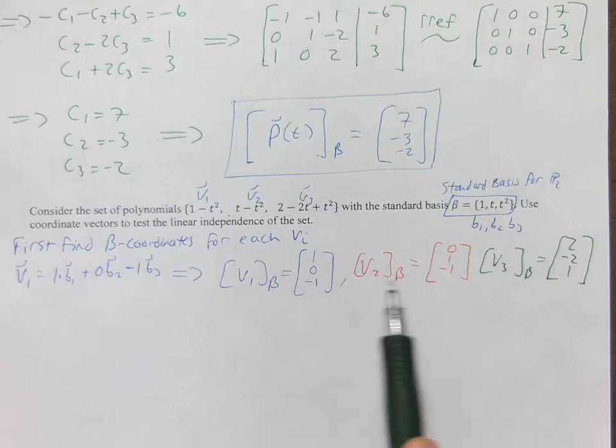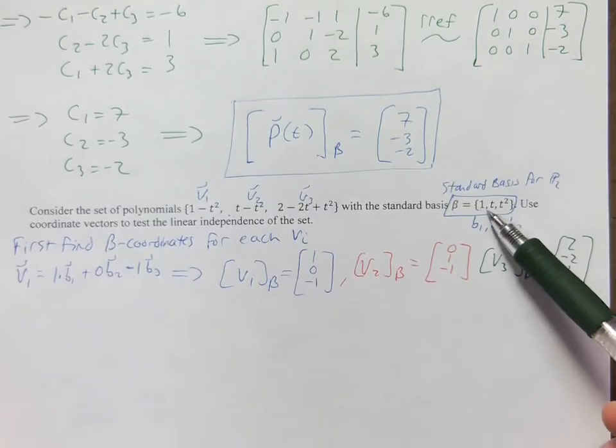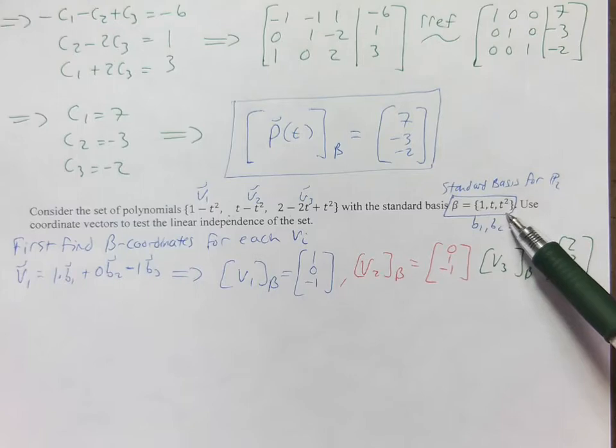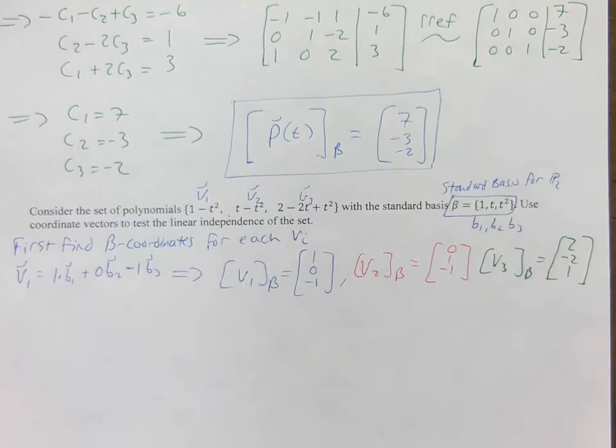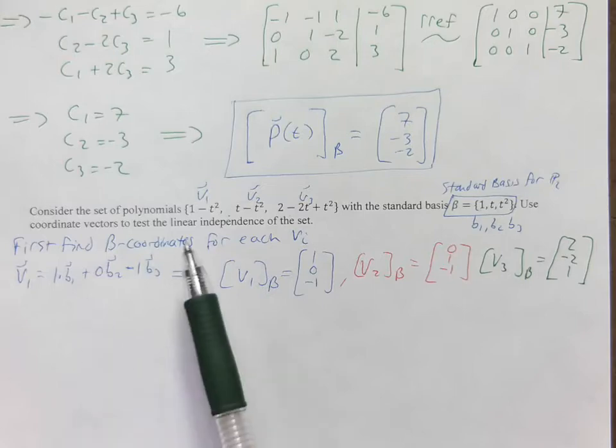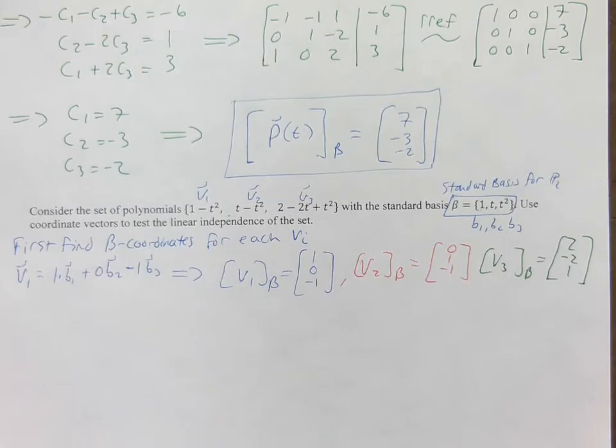And so these beta coordinates relate these standard basis elements to each one of those elements in that set. And so then we can use those to test for linear independence, because if these vectors are linearly independent, it means that those basis elements are also linearly independent.